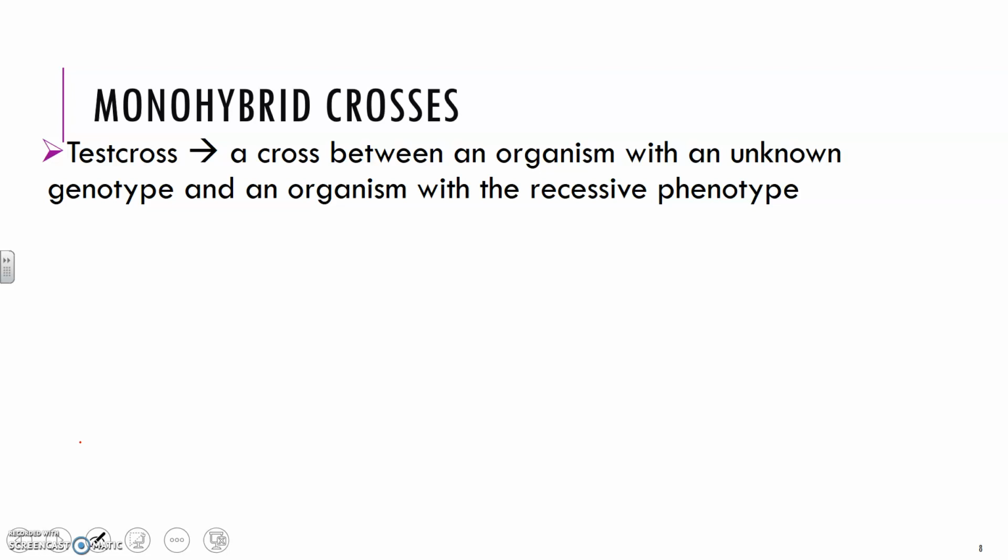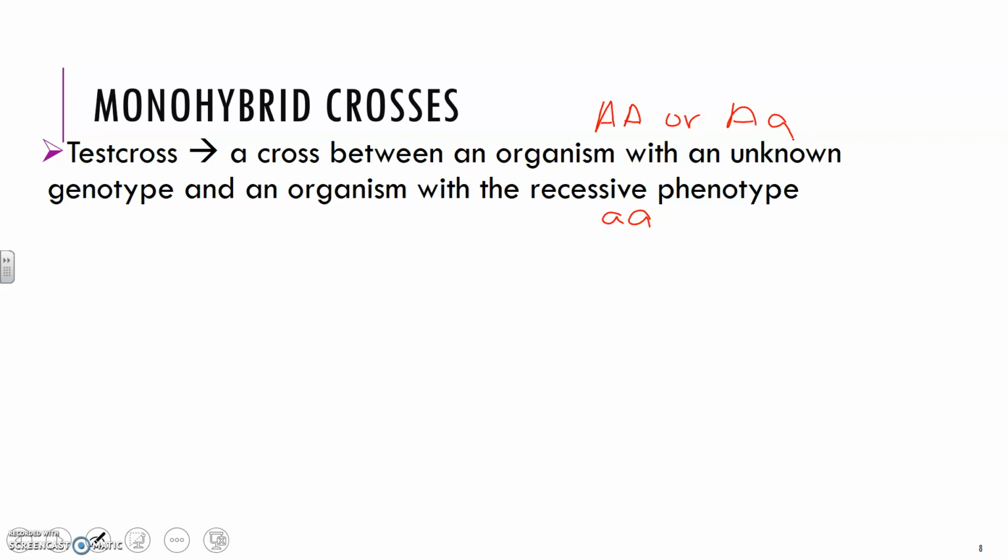So this would be a lowercase a, lowercase a. And then they don't know the genotype of the other organism. And when they don't know it, it means that it's expressing the dominant phenotype, which means it could either be homozygous dominant or heterozygous.